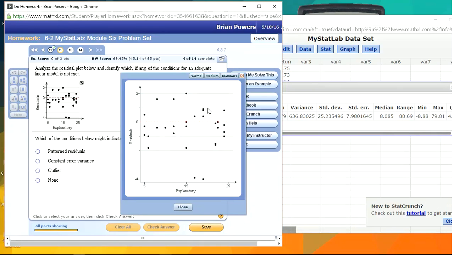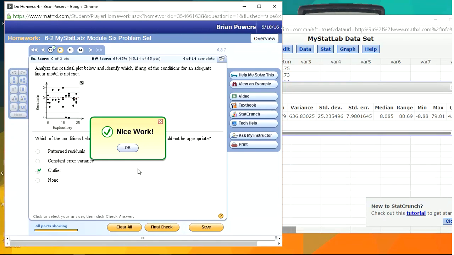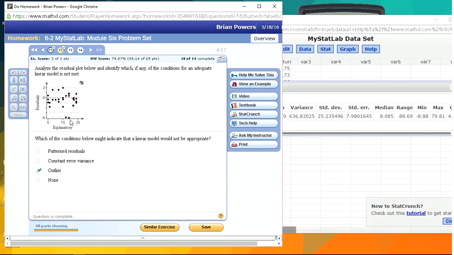It's still pretty spread out, except, of course, for these 2. Those 2 I would call outliers. And so only for those 2 that might indicate that a linear model might not be appropriate. It could still be appropriate, but that's the one thing that's a little bit suspect. I would call them outliers.